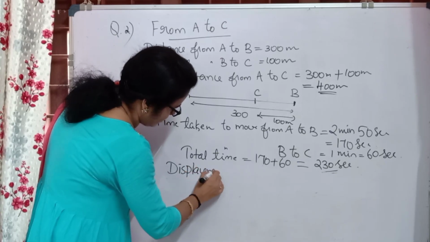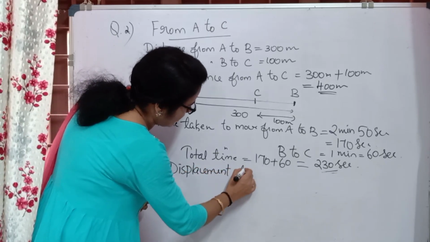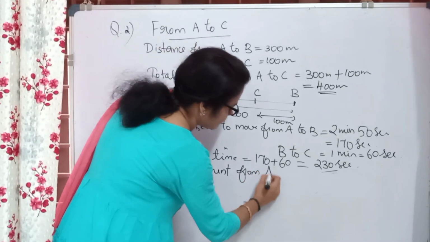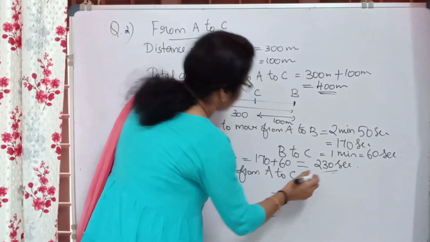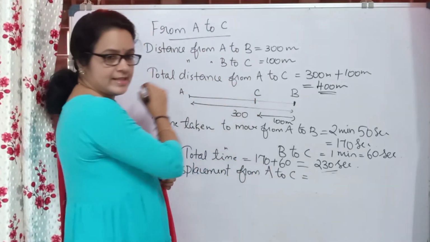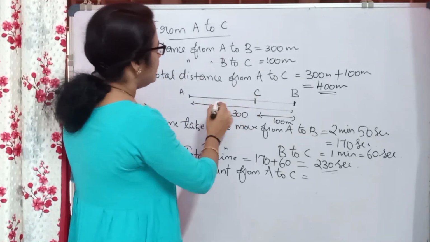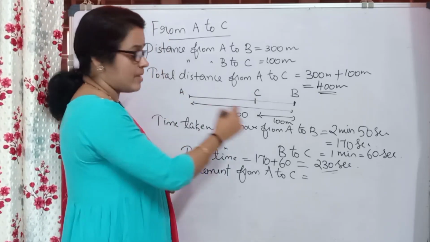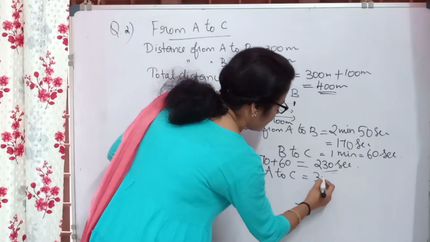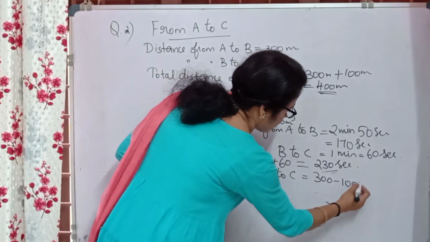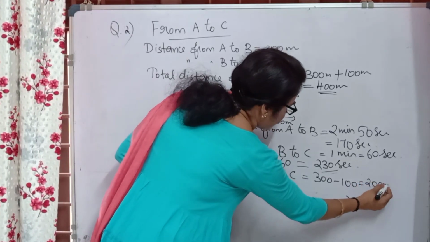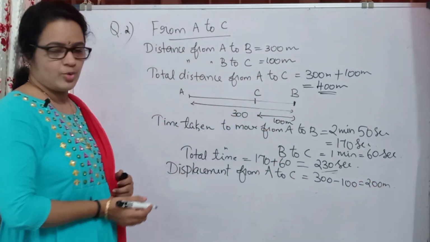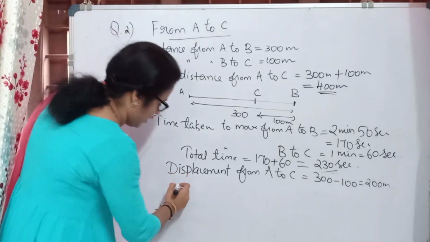Displacement from A to C. How can we find the difference between A and C? How much is that? A to B is 300 minus 100, so that will be 300 minus 100, that is equal to 200 meters. So that is the displacement. Now, how can we find the average velocity?